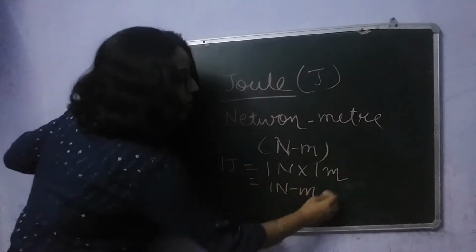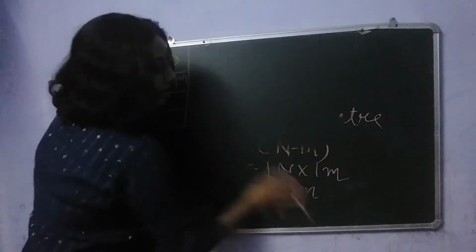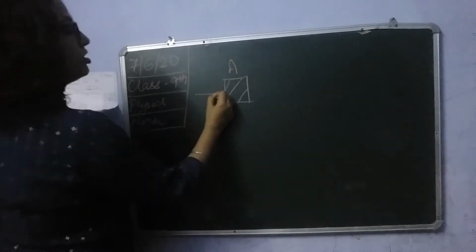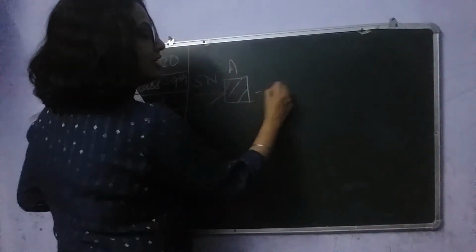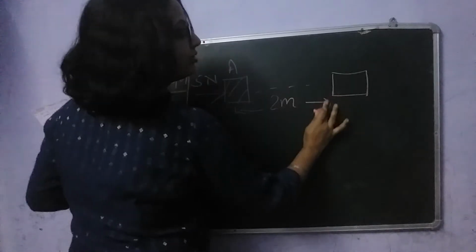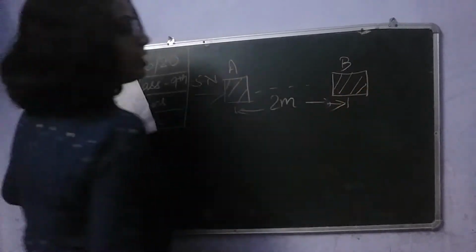Okay. So now let's solve some questions. Given that an object at point A, a force of 5 Newton is applied and it creates a displacement of 2 meter. What is the work done?